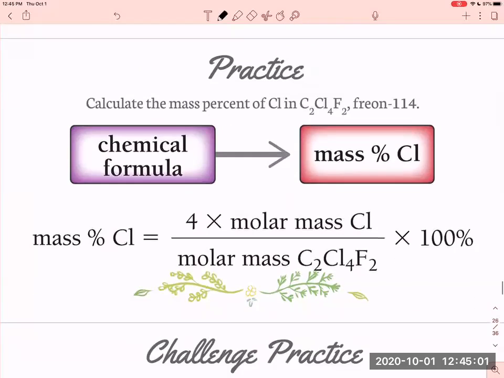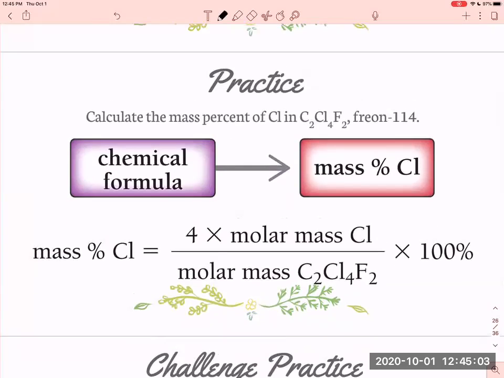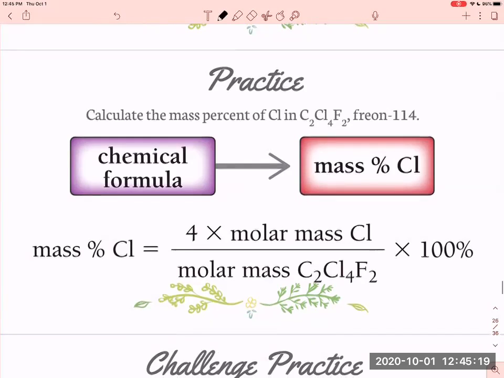So here's a practice, and it's not the same compound we just showed, but it is another chlorofluorocarbon, Freon 114. So go ahead and pause and see if you can work this out. I am giving you a hint here. We're looking at the mass percent of the chlorine here.